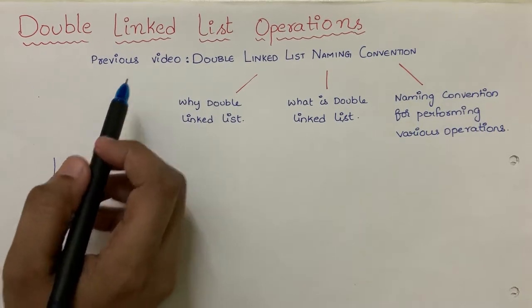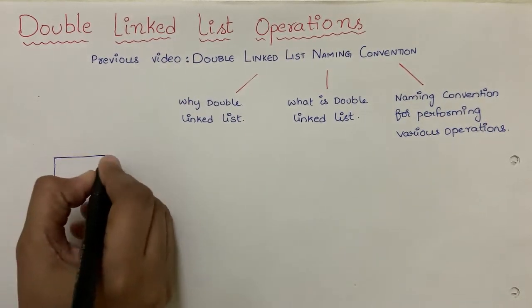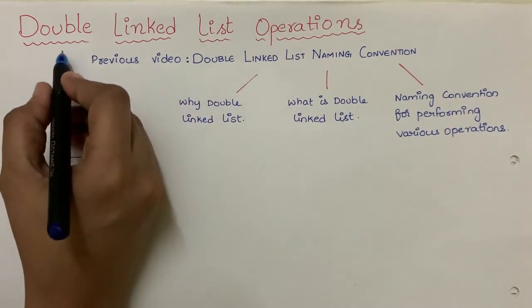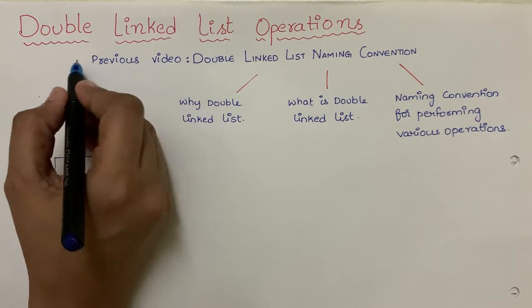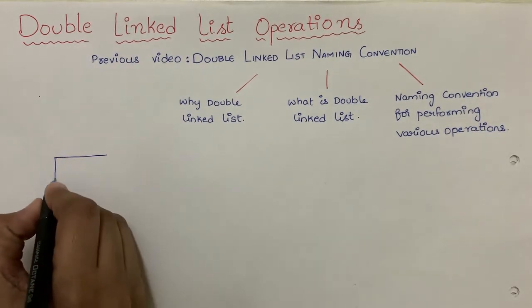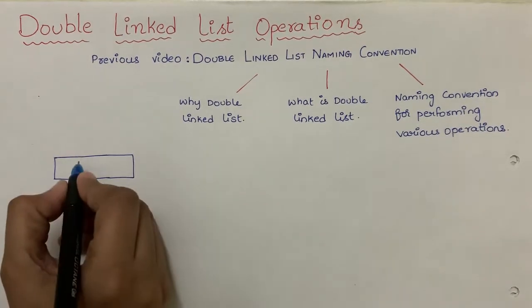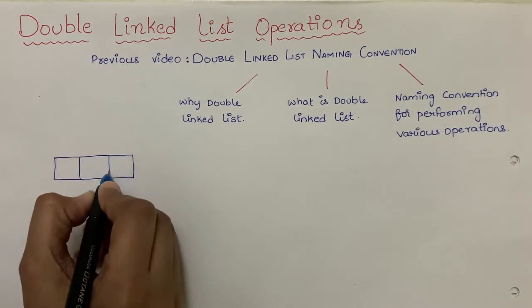The name itself represents that it is a list consisting of nodes where each node has double links. Double links means two links. So suppose this is a node, it will have two links.